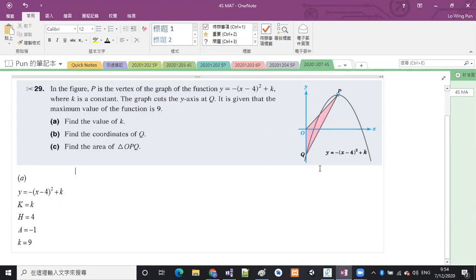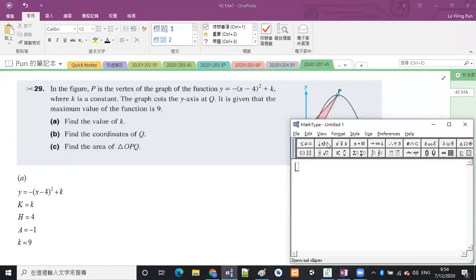Okay, so to find the y-intercept, we just put x equals 0 into the function and then calculate the value of y. But before putting x to be 0, I just write down one more line that the k is replaced by 9, okay, because k has been found here, okay?